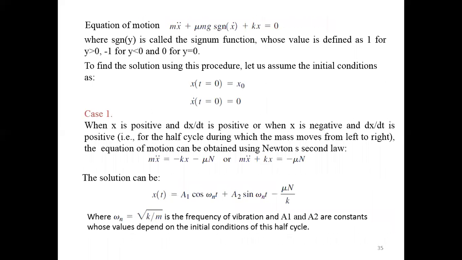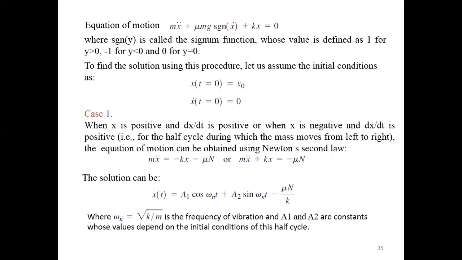So the equation of motion is m x double dot plus mu m g sign(x dot) plus kx equal to 0, right? To find the solution using this procedure, let us assume the initial conditions x(t=0) equal to x0 and x dot(t=0) equal to 0.